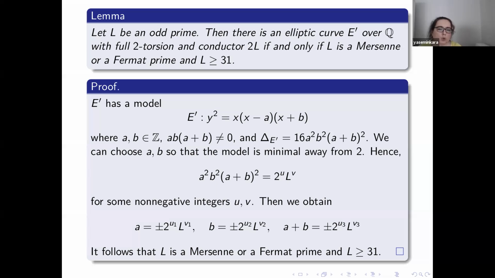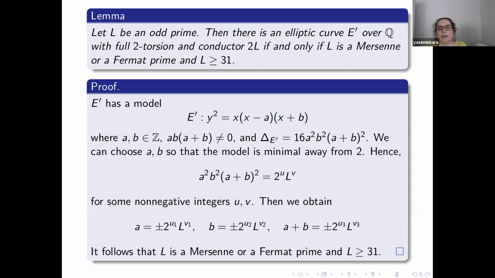And actually you can choose a and b so that the model becomes minimal away from 2. Okay, so that means then a squared b squared times a plus b squared is equal to 2 to the u times L to the v for some integers u and v.